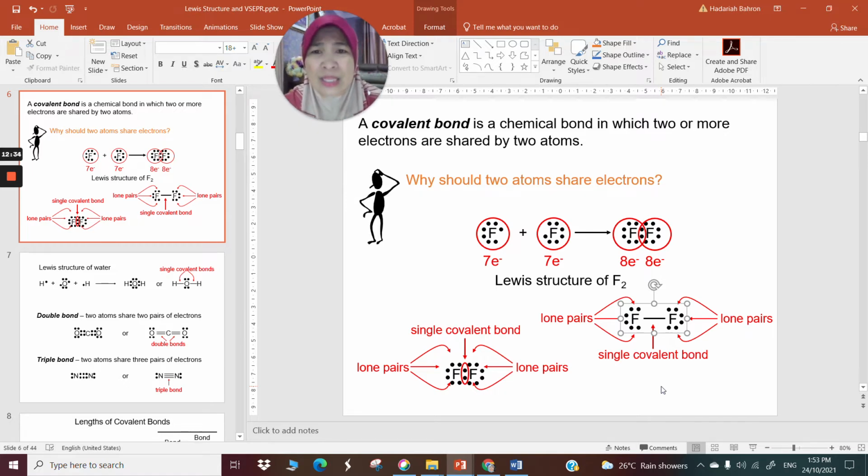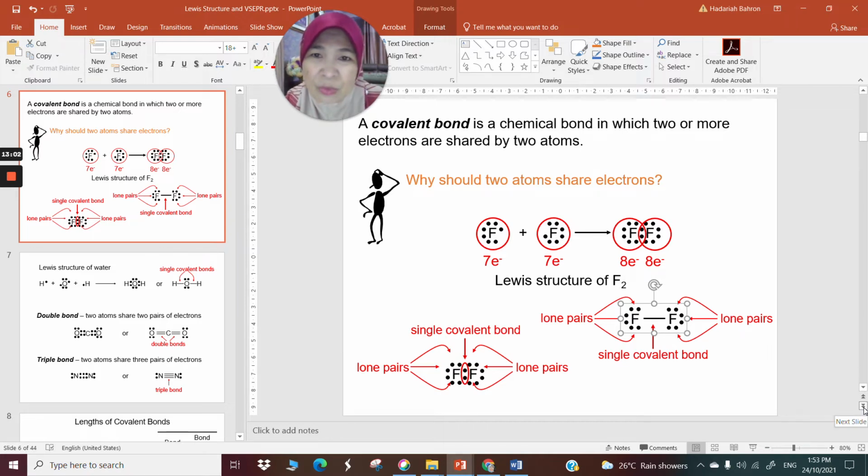Remember them, because they are going to be very vital when we talk about coordination compounds later on. So I hope you understand that by sharing one pair of electrons between the fluorines, they make a covalent bond between them and fulfill the octet rule to achieve high stability.